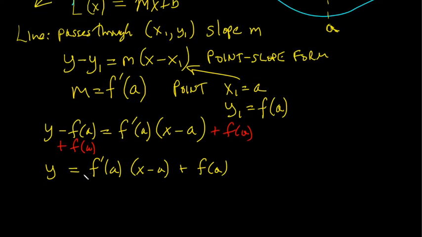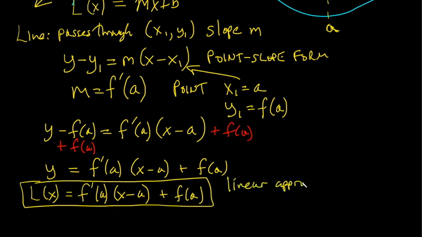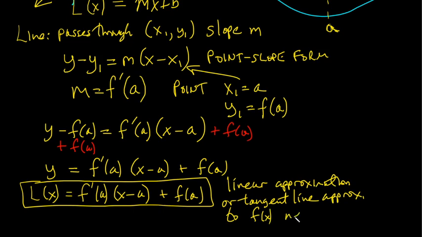This is the linear approximation to the function near a. So L of x is f prime of a times x minus a plus f of a. Good to know. So this is the linear approximation, or sometimes we'll call it the tangent line approximation, to the function f near a.